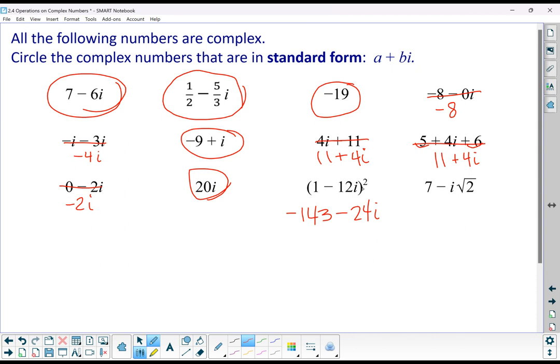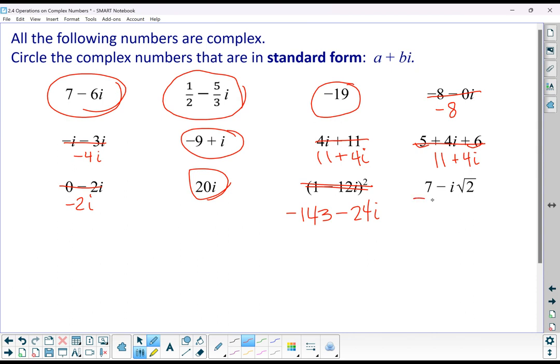So this is a complex number, but it is not in standard form in this form. In standard form, which I'm going to show you how to do in a minute, it would be negative 143 minus 24i. Okay, this last one, real part 7, imaginary part is root 2 i.